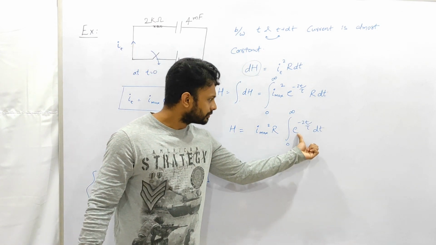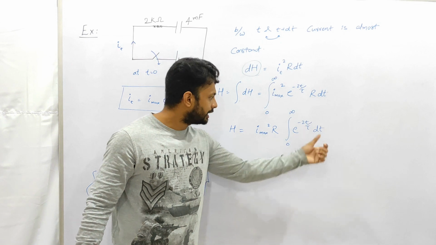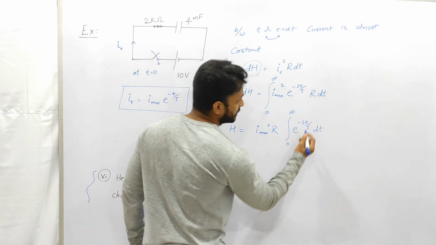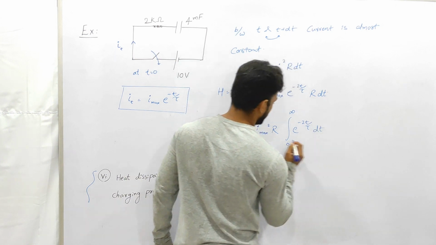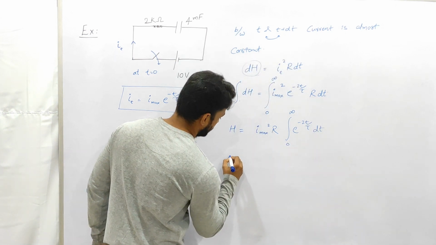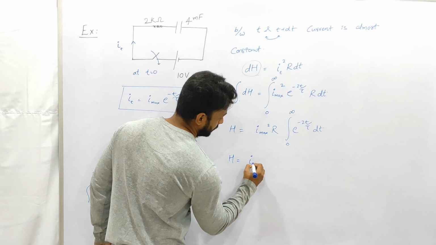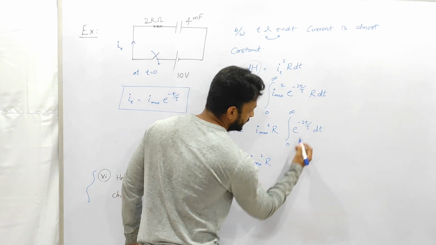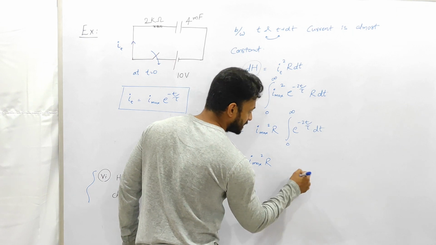So here the integration of e power minus 2t by tau, so it's e power minus x integration, so you will get it as, let me show this, I max square into R into the integration of e power minus x, which is e power minus x by x actually.